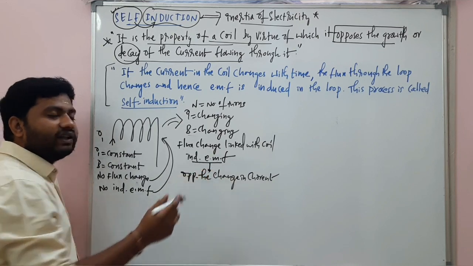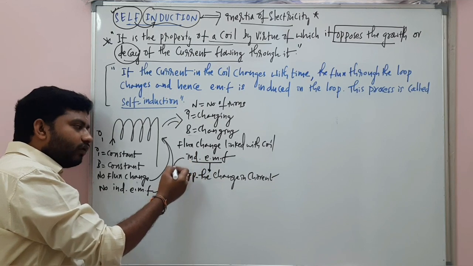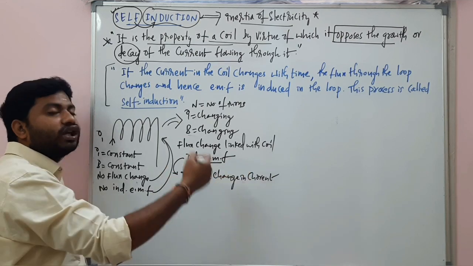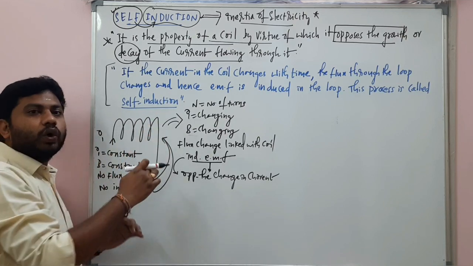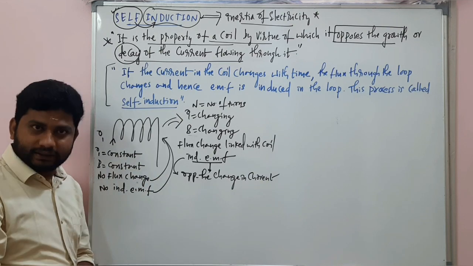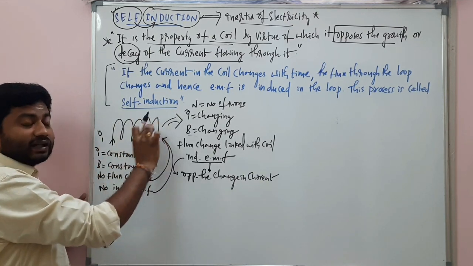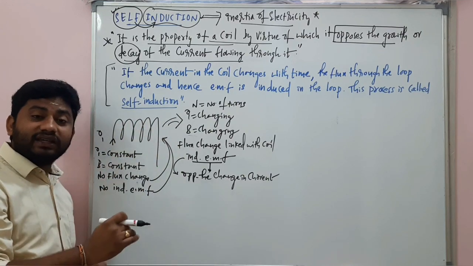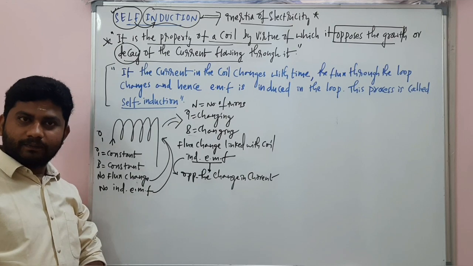Lenz's law tells us the direction of induced EMF, which will always try to oppose the change in the current. If the current through this coil is increasing, this induced EMF will try to decrease it. If the current through this coil is decreasing, the induced EMF will try to increase the current value in the circuit.